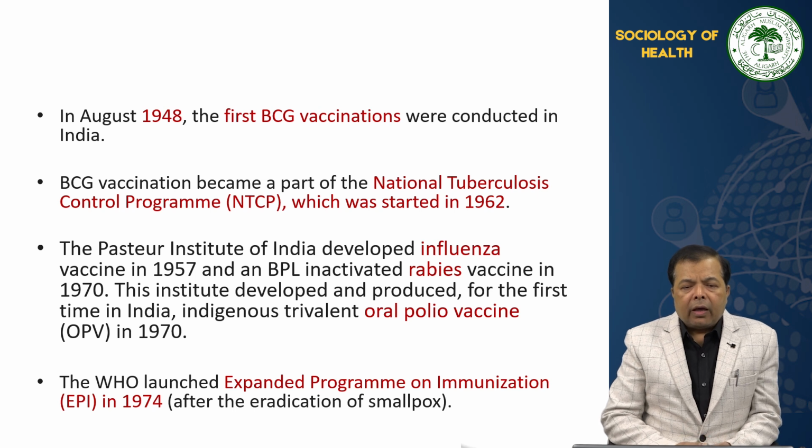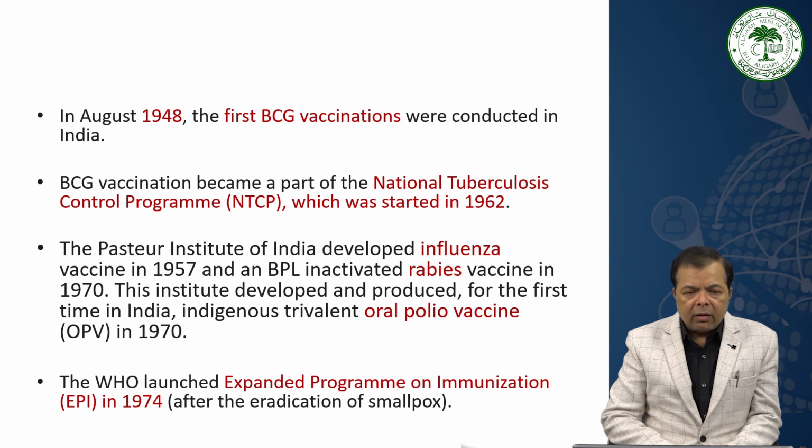And here we see that there was an important intervention or development at the level of the World Health Organization, because the World Health Organization launched the Expanded Program on Immunization, known as EPI, in 1974. And what was the triggering force? The triggering force was basically the eradication of smallpox in the developed part of the world. Basically, there was a claim that it is eradicated, although it was not eradicated completely because many of the developing countries were having the problem.